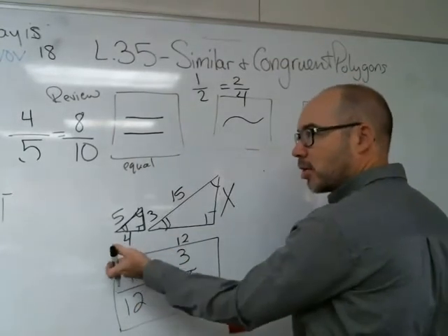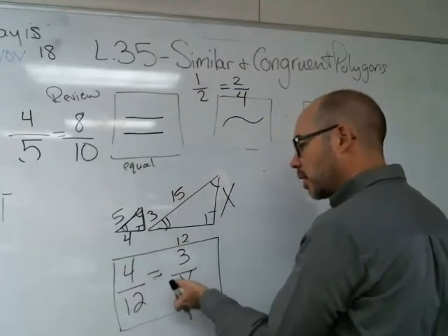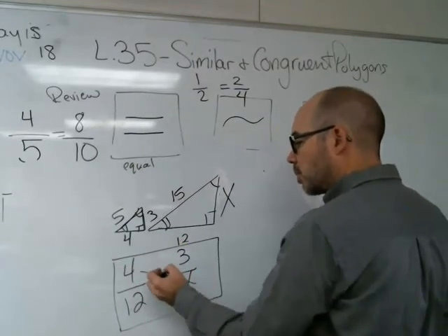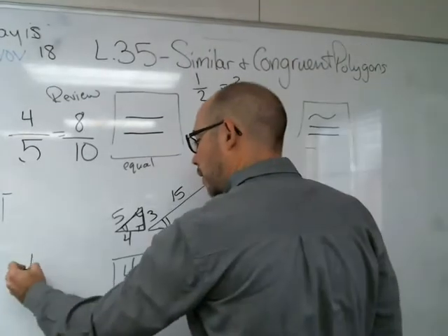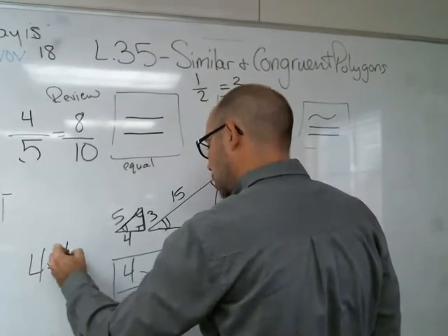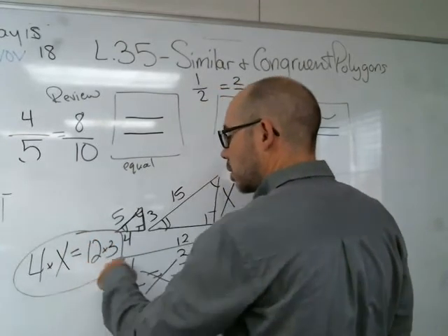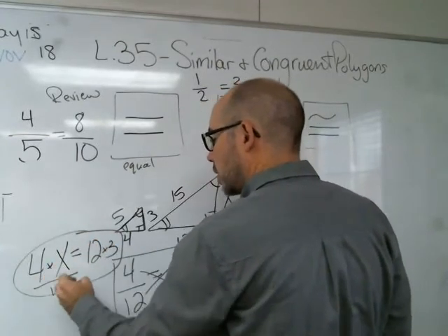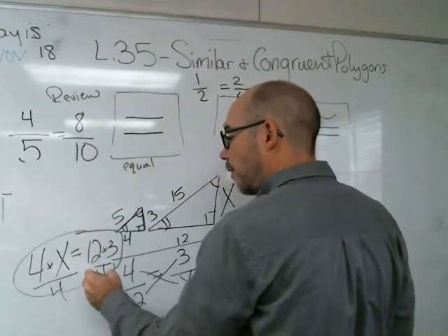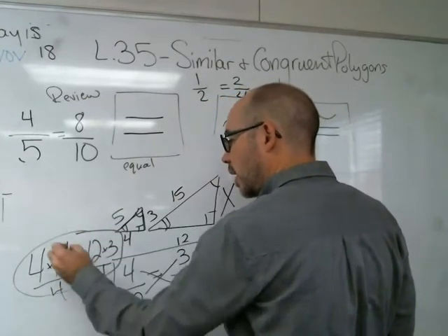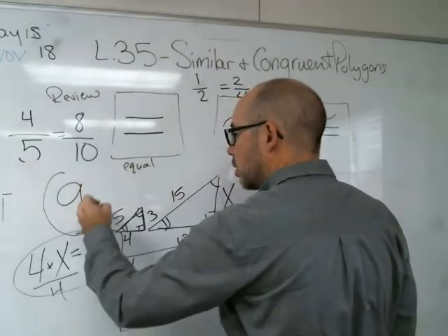This is the same ratio, a 1 to 4 ratio. We need the same kind of thing over here. We can cross multiply. Get 4 times x is equal to 12 times 3. So that's 36, or I can divide both sides now by 4. 12 fourths is 3. 3 times 3 is 9. The answer is still 9.